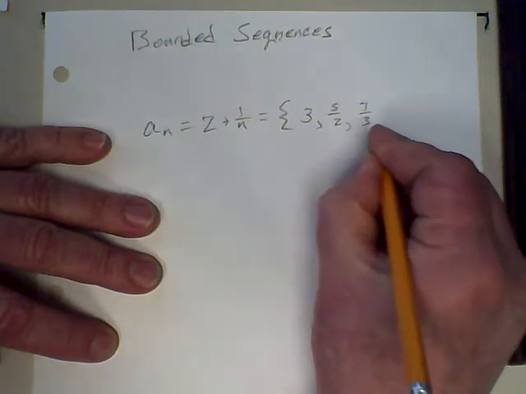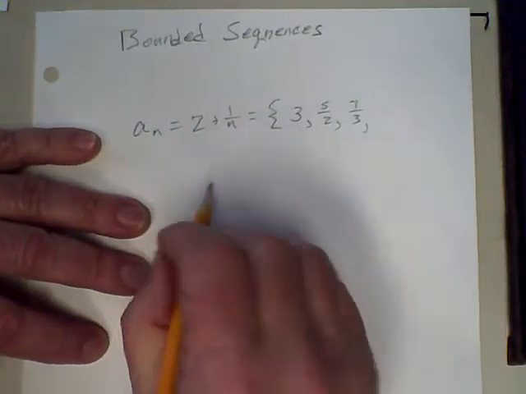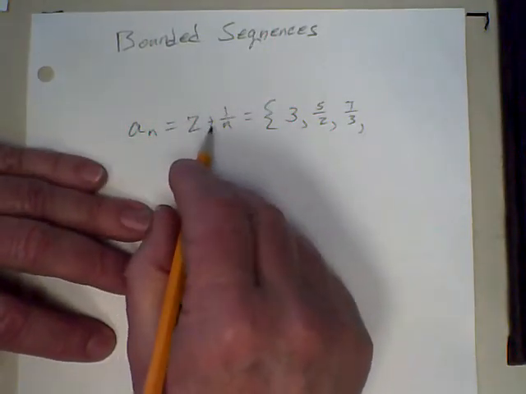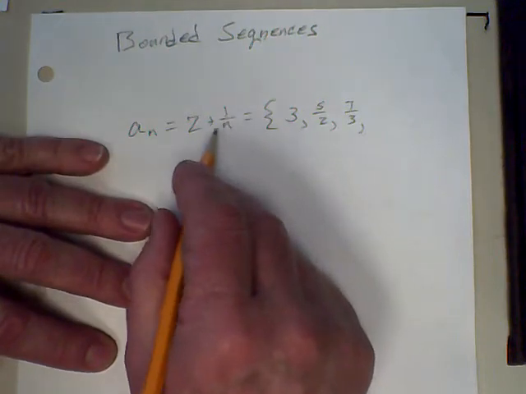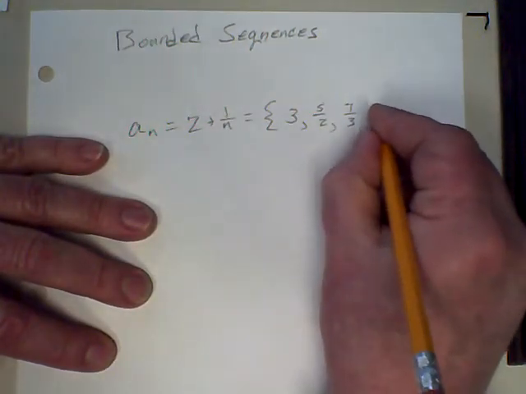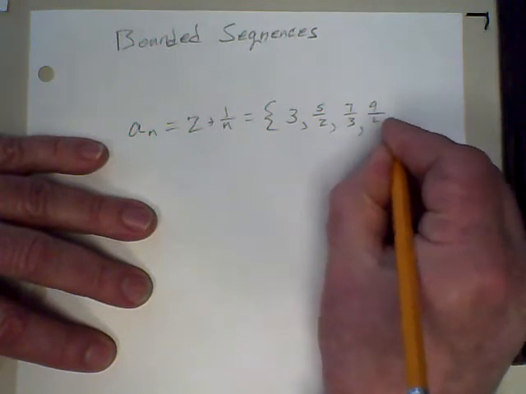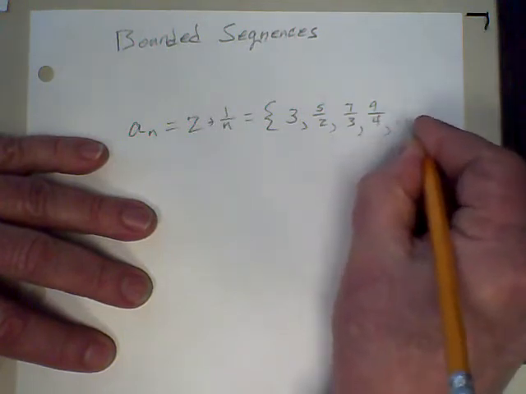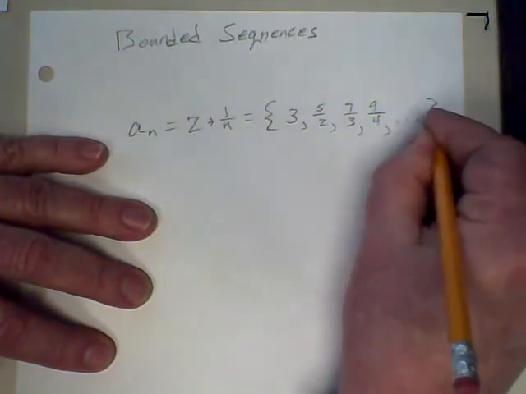You know, it's starting to look like there might be a pattern here. What happens on the fourth term? 2 plus 1 fourth, so that would be 8 fourths plus 1 more, 9 fourths. I see the pattern now. I'm sure you guys can all write the rest of the terms pretty quickly and easily.